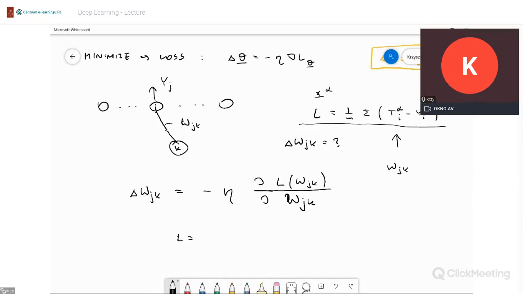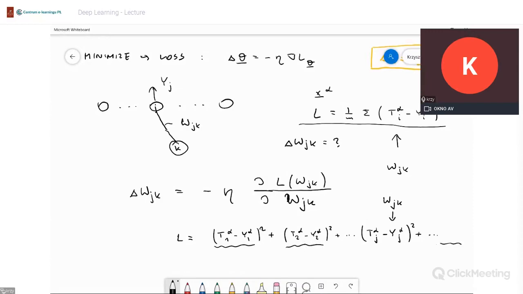Let's skip for a while this 1 over m. My loss is (t1 alpha minus y1 alpha) squared plus (t2 alpha minus y2 alpha) squared plus, and here there will be a fragment of this expression that involves the expected and actual outputs at the neuron we are interested in, because this neuron is the only neuron that contains weight w_jk.